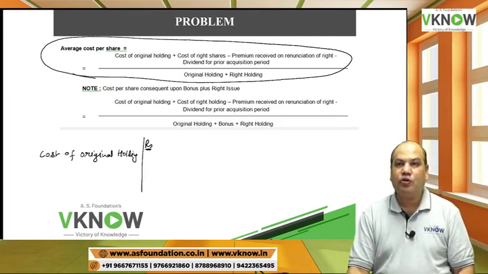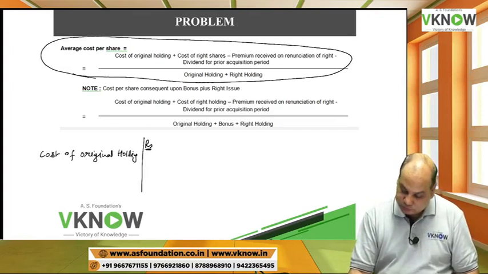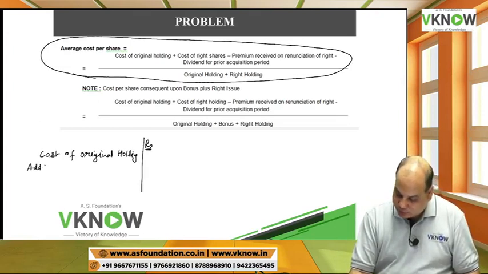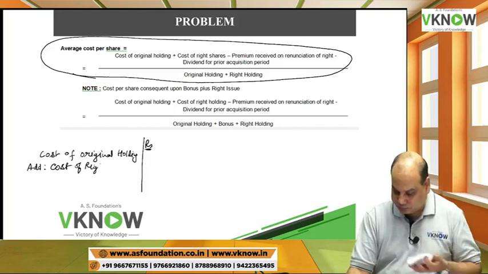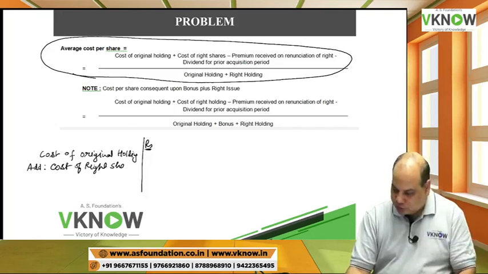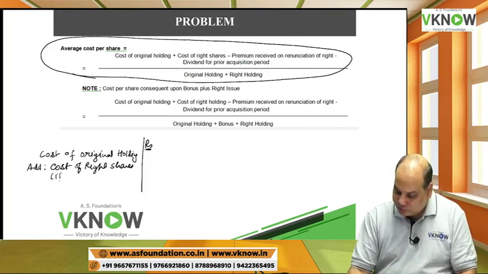So first you will add cost of original holding, then you will add cost of right shares, if right shares are subscribed.